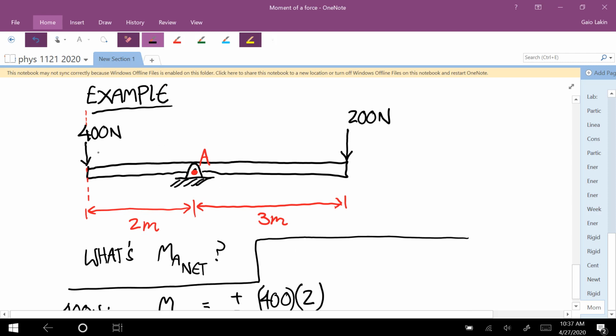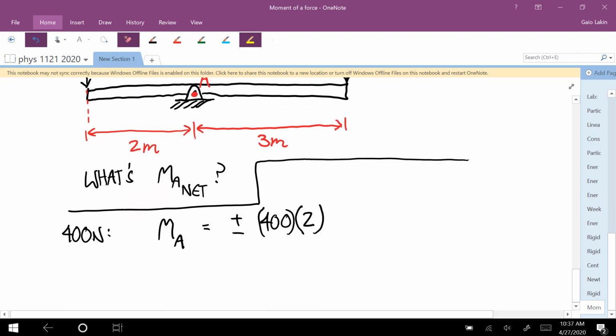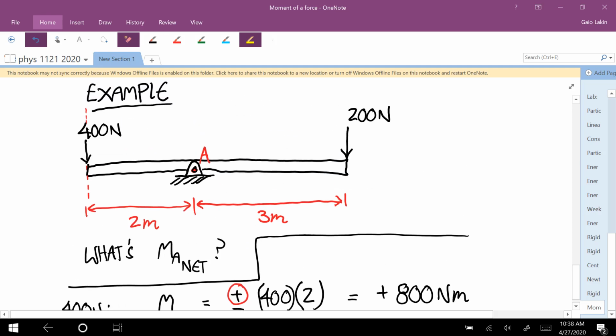That force, if it was the only thing acting on this body, would cause a counterclockwise rotation around that hinge. You see that? And so that means that this moment is positive. And so we have a moment of positive 800 Newton meters caused by that 400 Newton force.